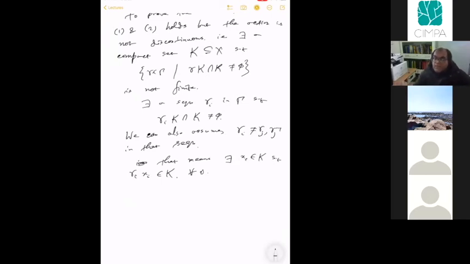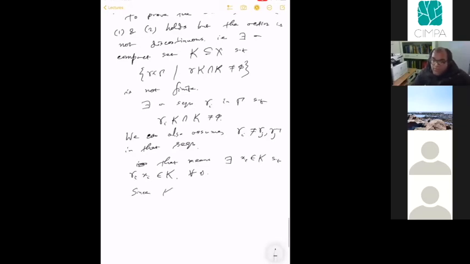Okay. Now K is compact. So since K is compact, every sequence converges, right? So there exists x in K, y in K, such that x_i goes to x and gamma i x_i goes to y.